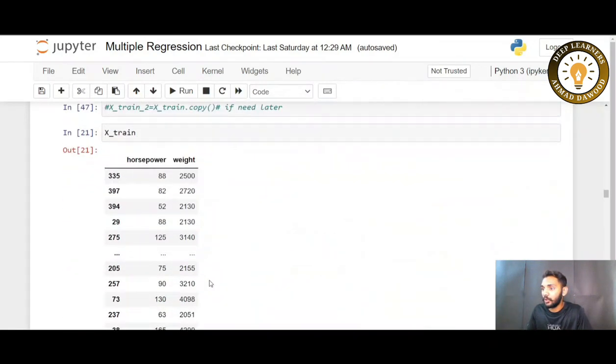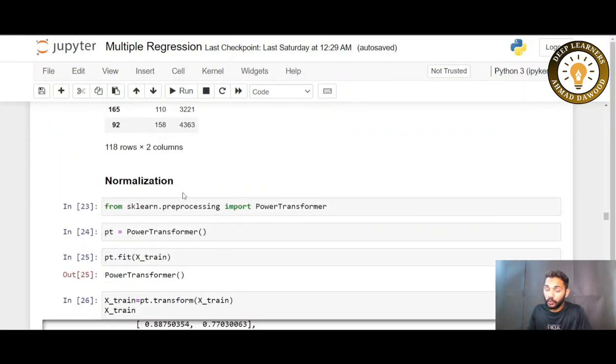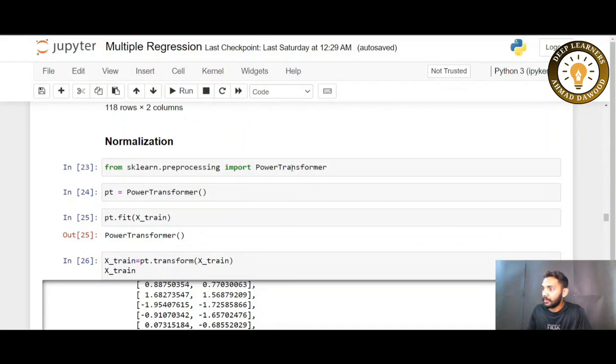So that's why I am doing transformation, or you can say normalization, here. For that purpose I am using PowerTransformer, which I am importing from the scikit-learn preprocessing module.